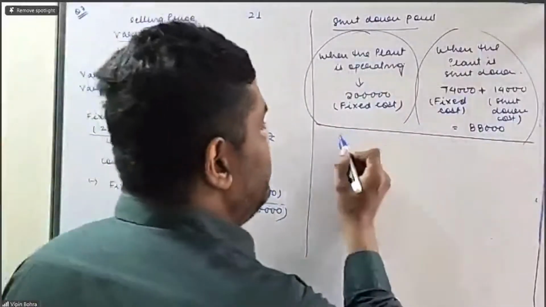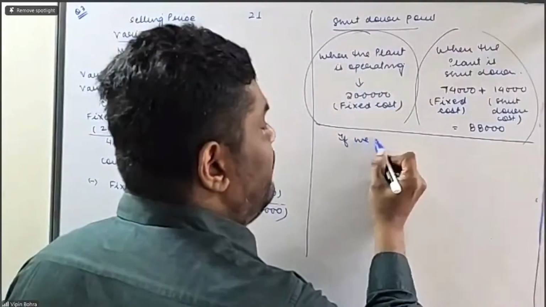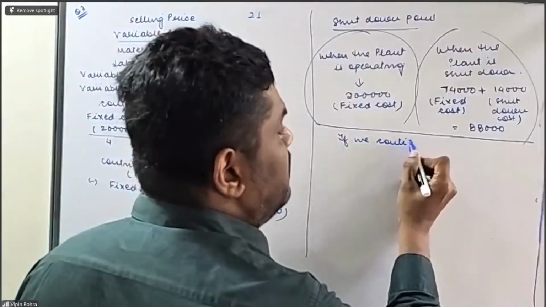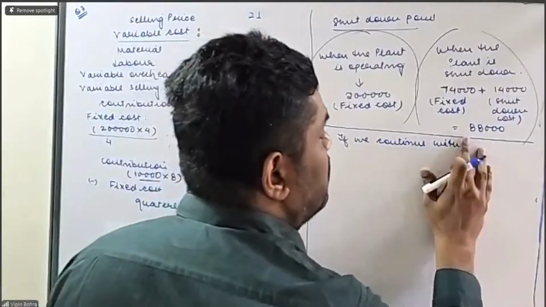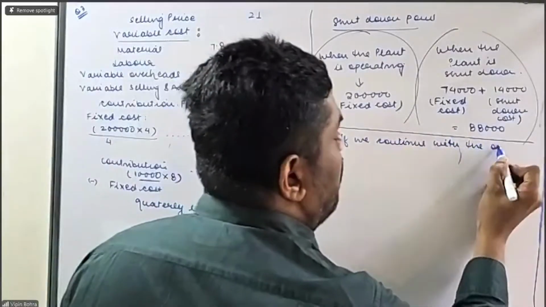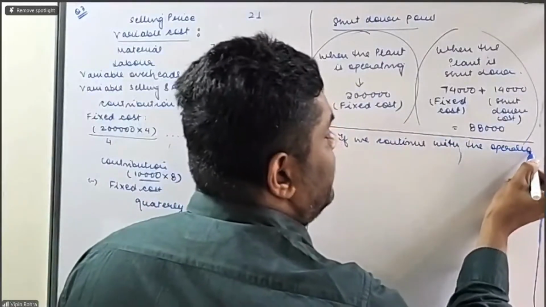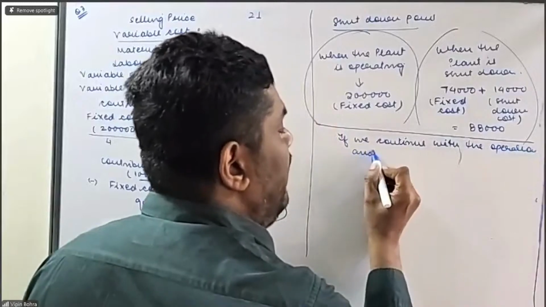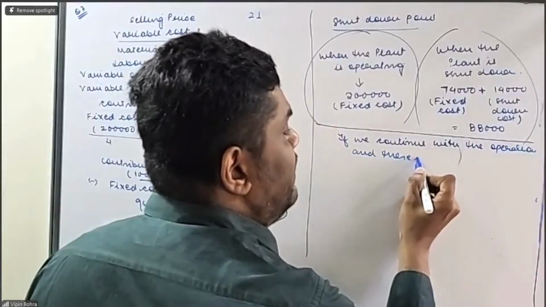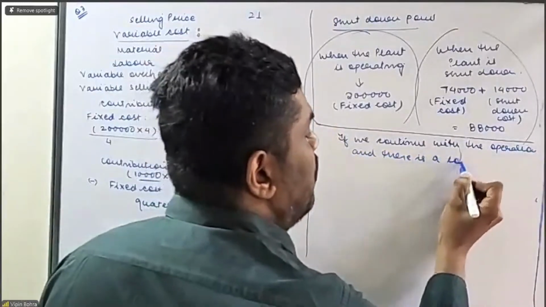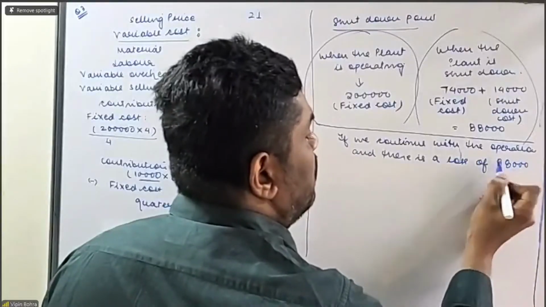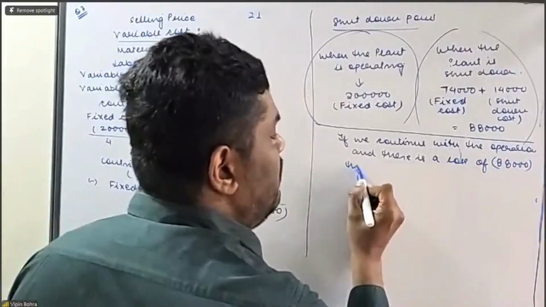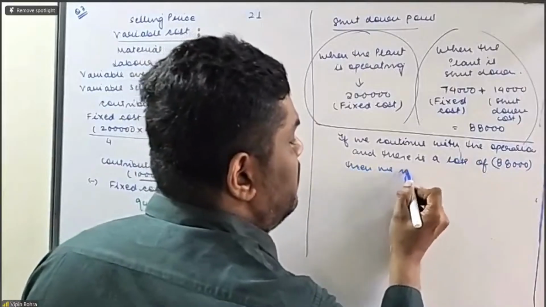See, in short, if we continue with the operation and there is a loss of 88,000, then we are indifferent.